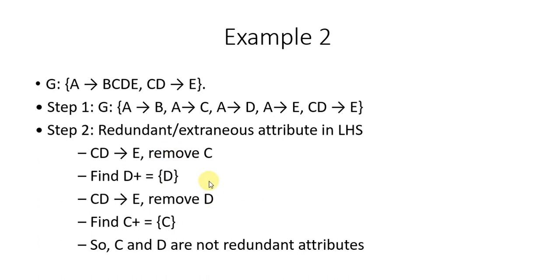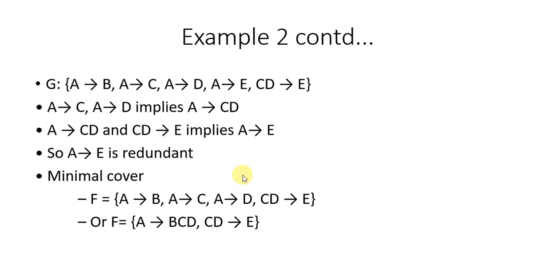So we have again A to B, A to C, A to D, A to E, and C D to E. Now we do not have any extraneous attributes here. Okay. Now we have A to C and A to D. A to C is there and A to D is there. That we can say as A to CD.